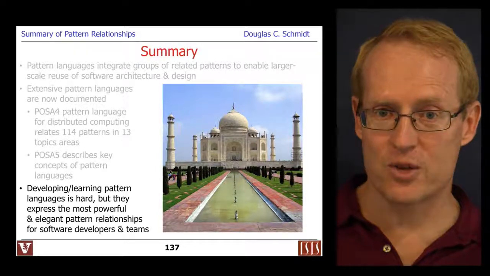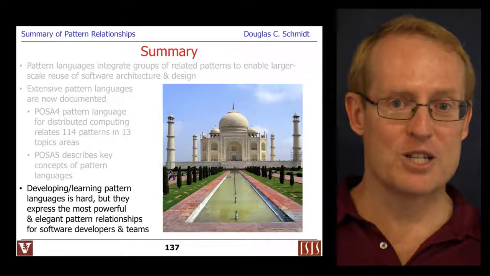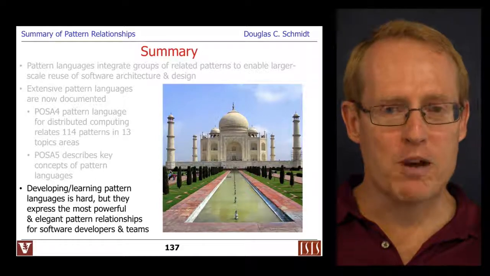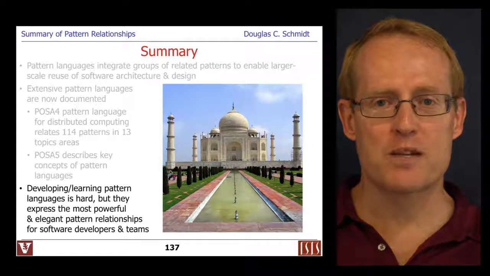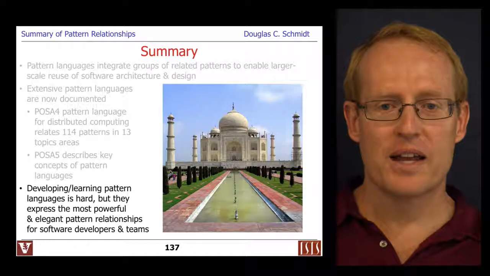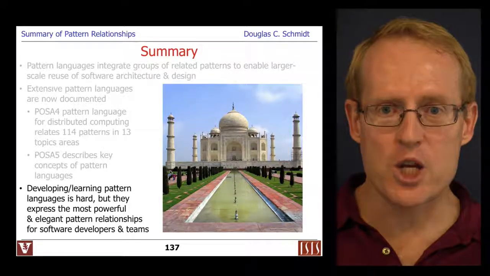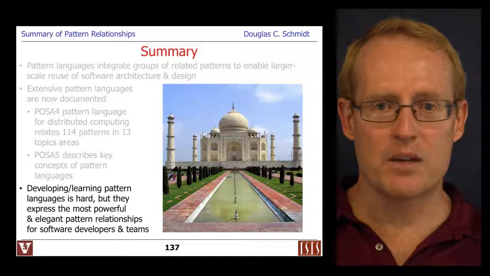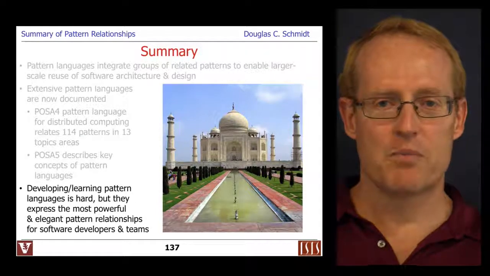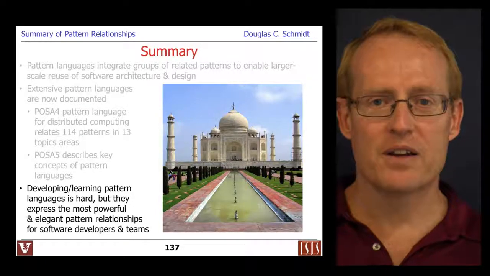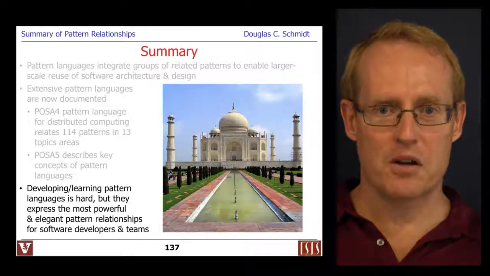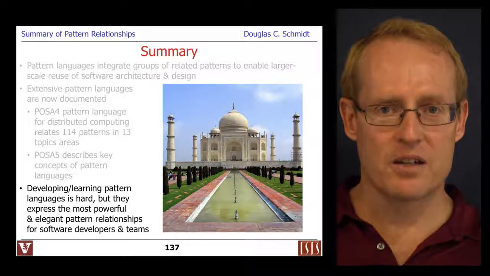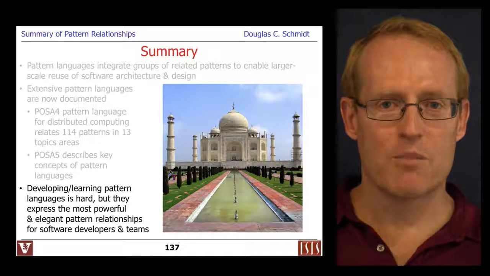It's especially hard to write them, often much easier to learn them. But the great news is that they help to express the most powerful and elegant relationships among patterns, help software developers and teams be more productive, be more communicative, be able to produce software that will meet the needs of their customers and users in more effective ways.